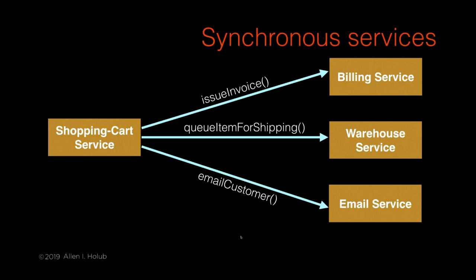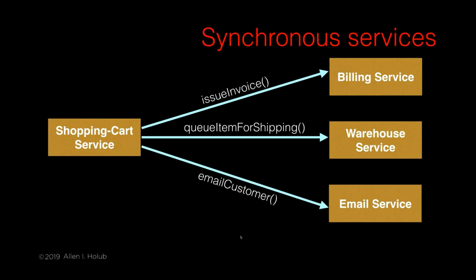And notice that they are not temporally isolated here, in the sense that the shopping cart service, if you look at the flow of control, talks to the billing service, and then it talks to the warehousing service, and then it talks to the email service in a specific order. And sometimes that ordering is important. It can't talk to one until it talks to the other. So in this case, the system won't even talk to the warehouse if the billing service isn't working.